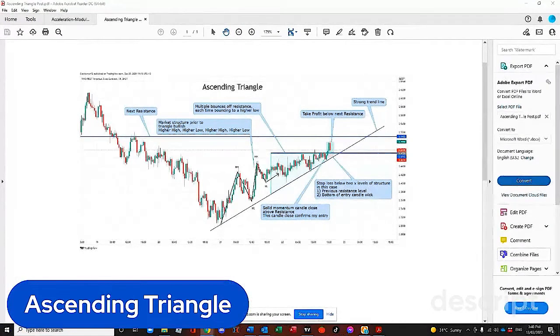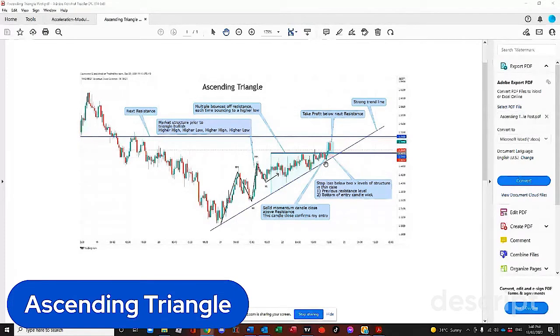So back to that chart, and you can see how I've set up my take profit and my stop loss. My stop loss needs to be below 2 levels of structure. What I mean by that is it needs to be below either a candle or a candle wick, or a resistance line or a trend line.